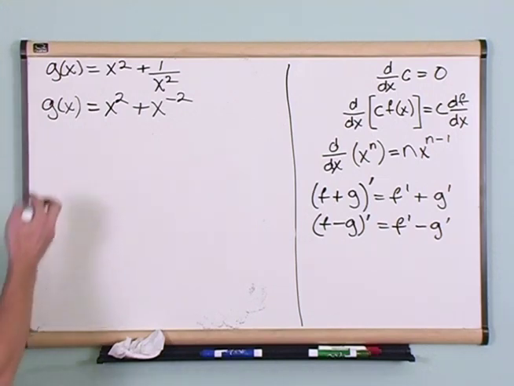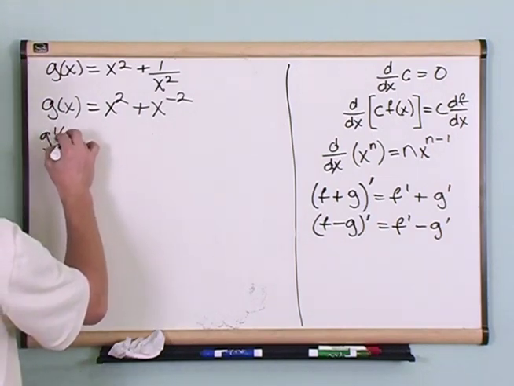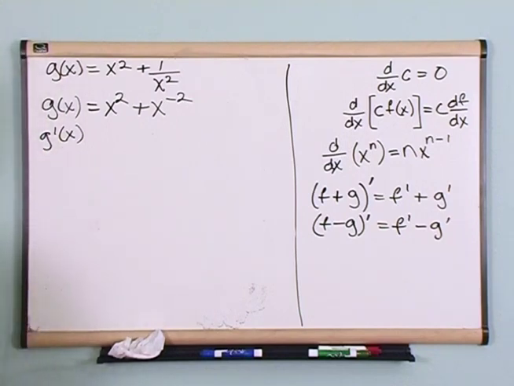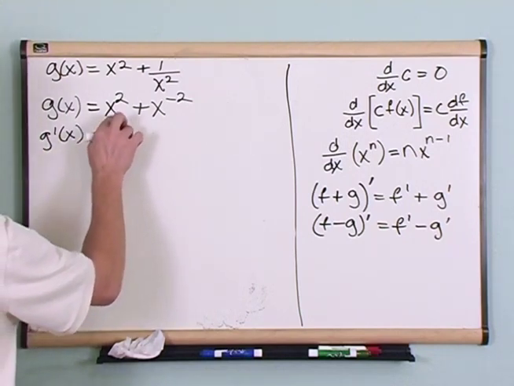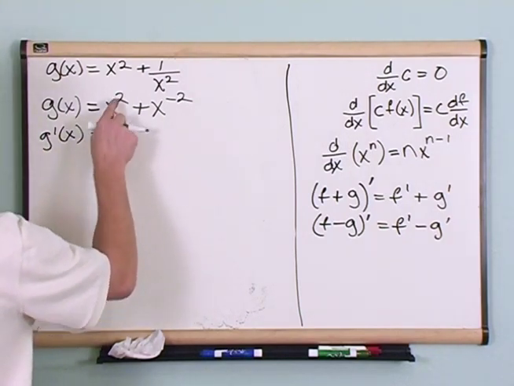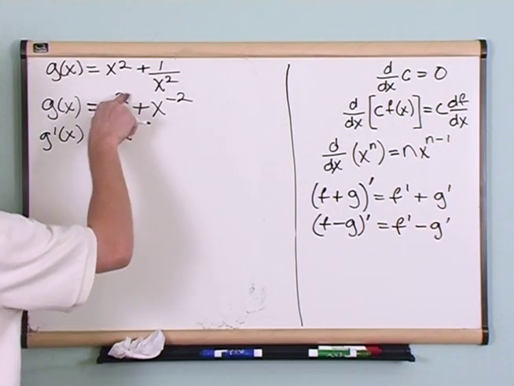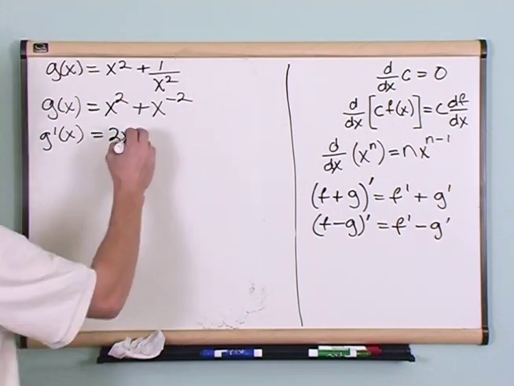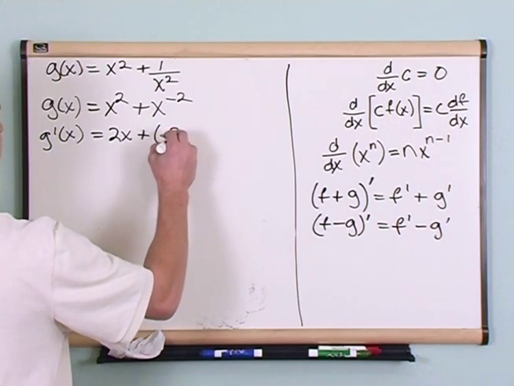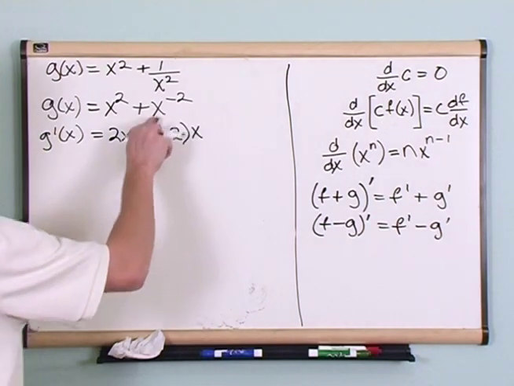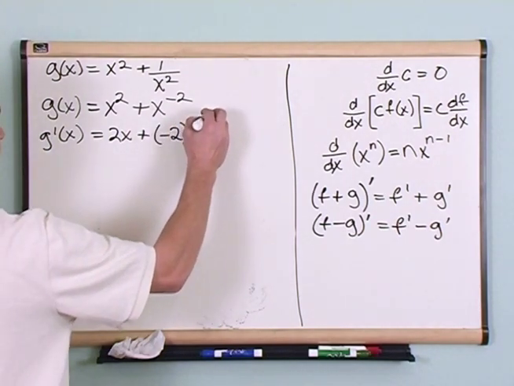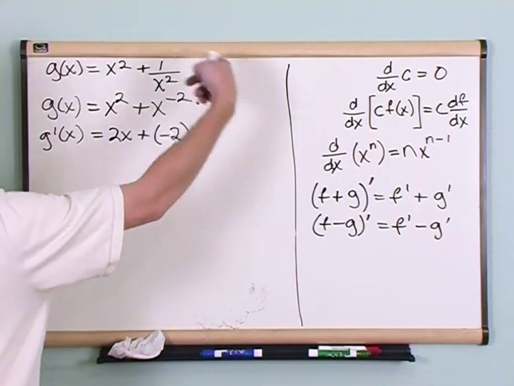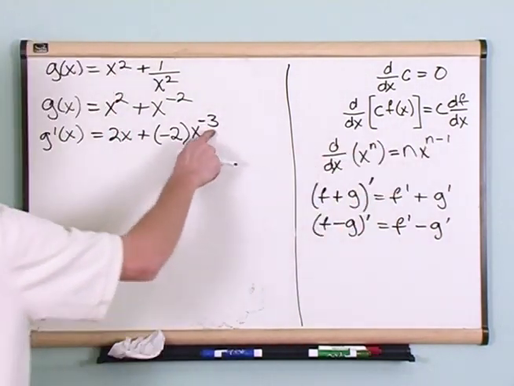Okay? So in order to find the derivative of g of x, what you would have is, for here, 2x, 2 comes down, x raised to the 2 minus 1 power gives me this, plus minus 2 comes out of the exponent times x to the minus 3, because minus 2 minus 1 gives me minus 3.